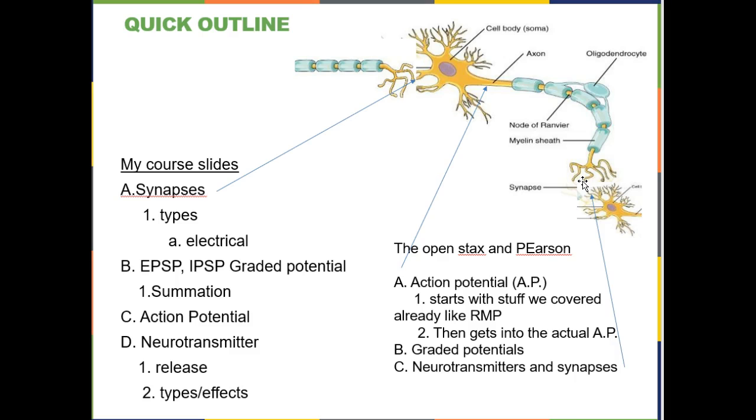The way the OpenStax book goes over it is it starts here with the action potential, and the action potential travels down, neurotransmitter gets released, and then they talk about synapses. I like to start with synapses.